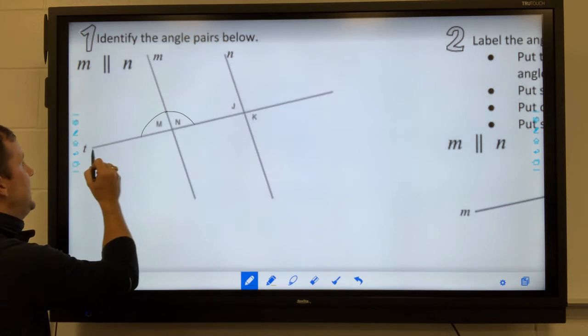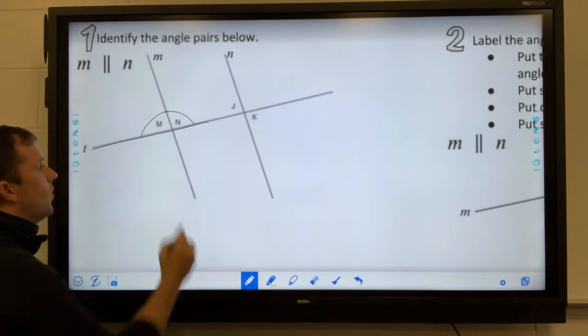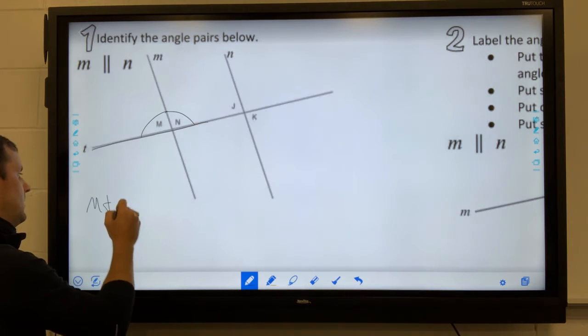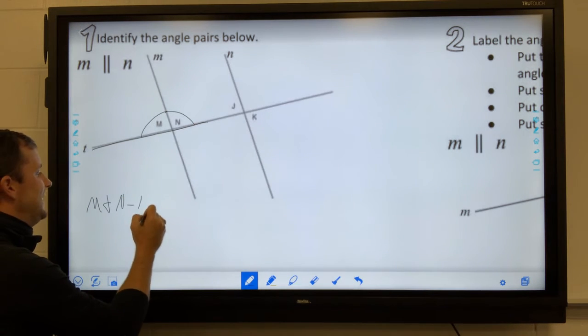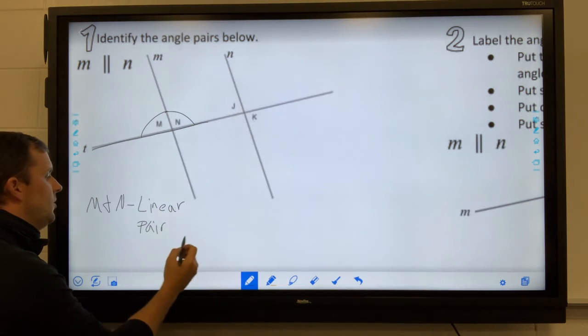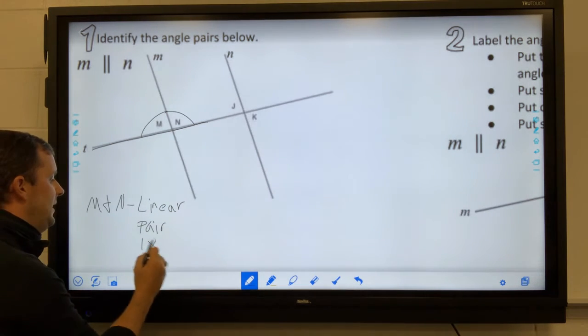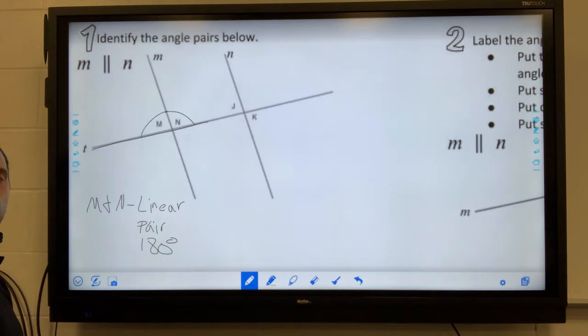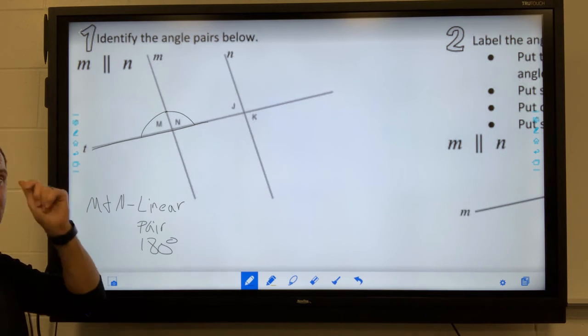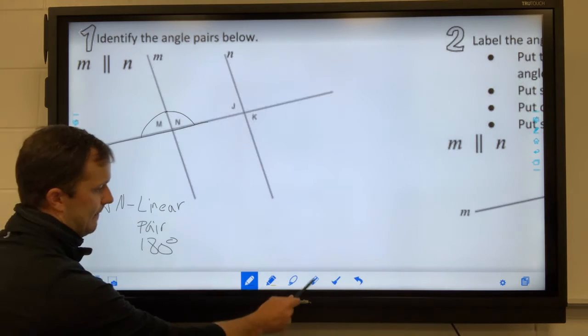But what you look at here is these two angles form a straight line. So M and N are going to be a linear pair, which, up in your definitions, linear pairs form a straight line, meaning they're going to be supplementary. They add up to 180 degrees. So M and N are a linear pair because they form a straight line.